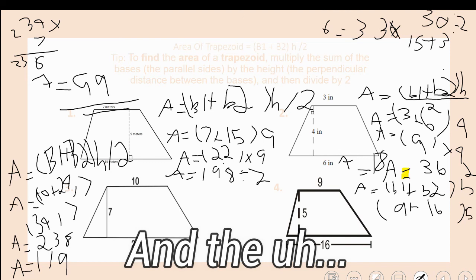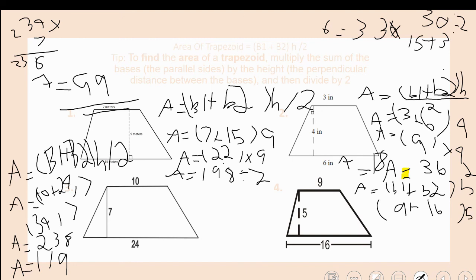So 9 plus 16 equals 25. 25 here, multiplied by 5, which will equal 125.